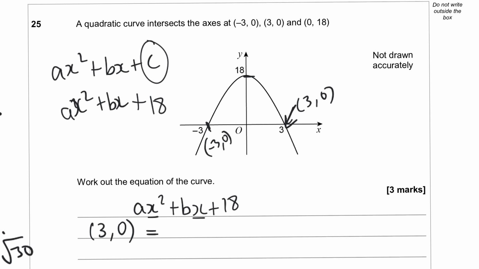The x value was 3, so 3 squared is 9. So it'll be 9a plus 3b plus 18 is equal to 0.